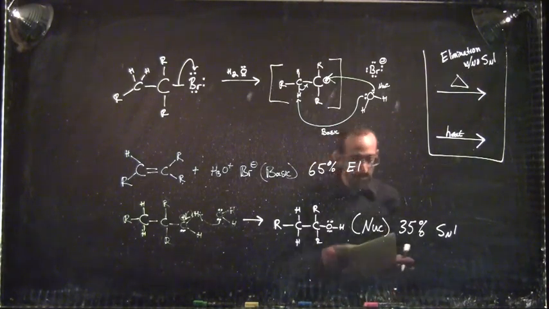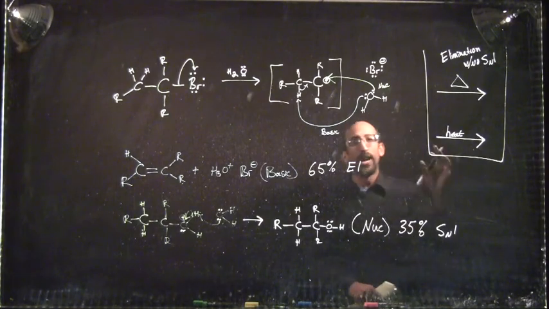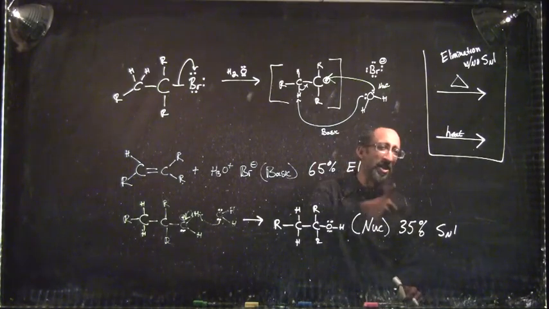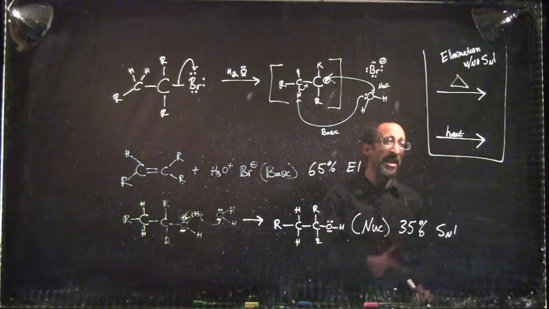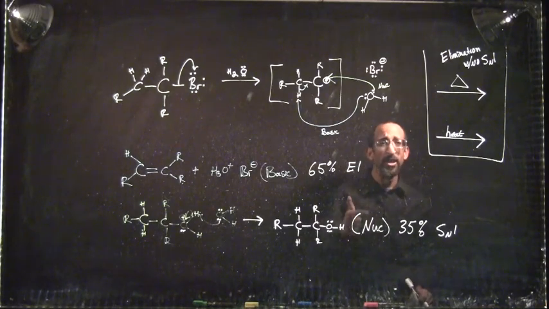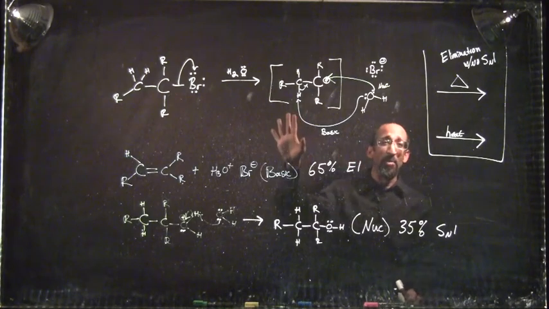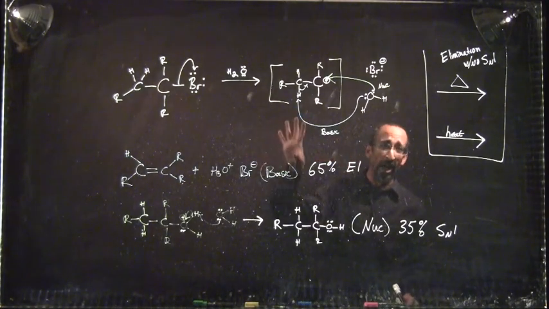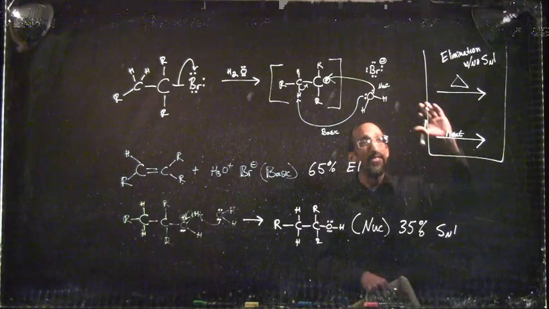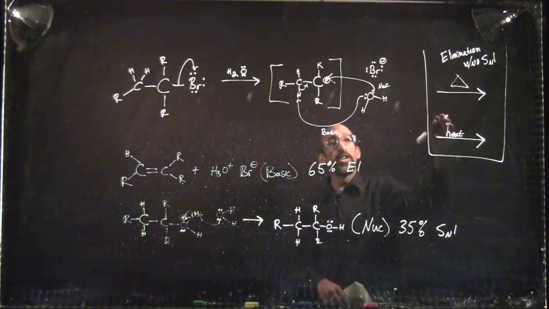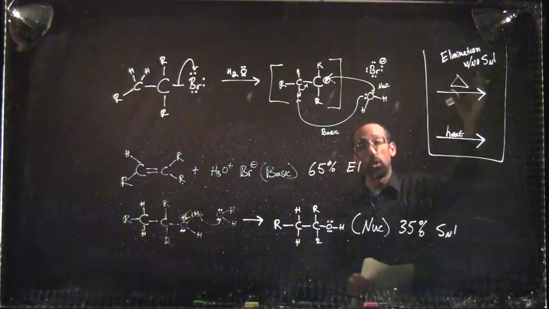Okay, so that's going to be my last comment on this, right? Alcohols are good under acidic conditions. Sulfonate esters are good under E1 type conditions. Alkyl bromides are always terrible for E1 eliminations. And then whenever you see a delta or heat, delta means heat, it's just shorthand, right?